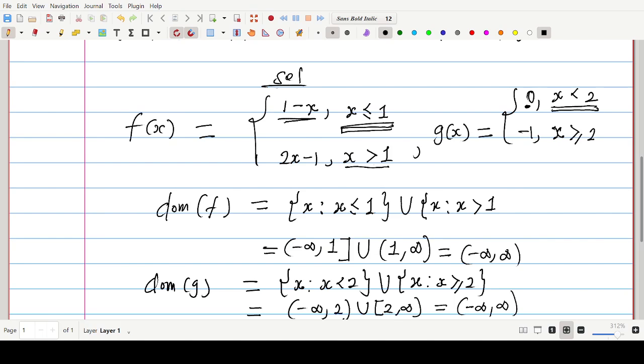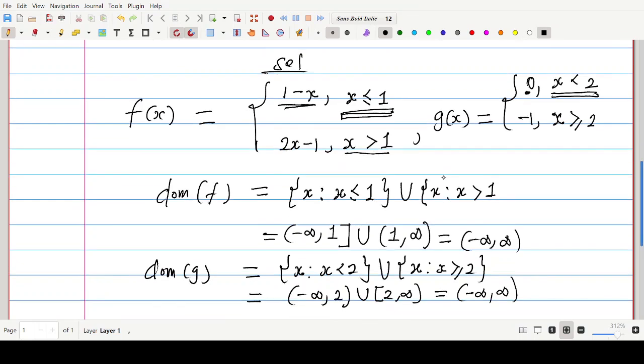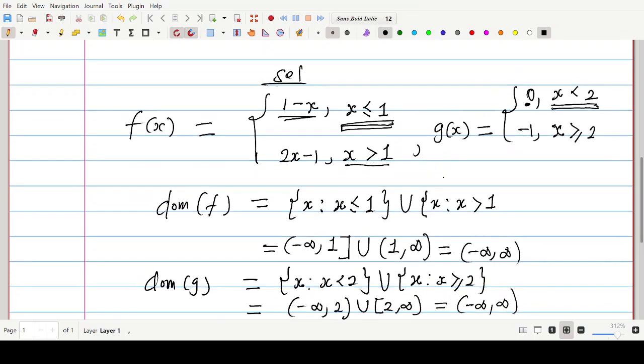You see that there is a kind of intersection. If you want to see that, you can draw a number line. You see there's an intersection. Look at this. Let me draw this. You see, we have this as 2, and x less than 2 means the arrow will be going this way. All right.